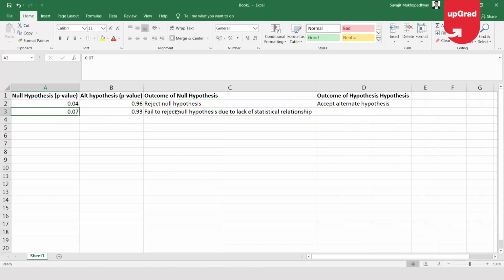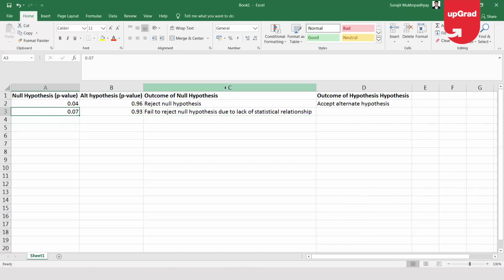So my answer is, in this scenario, we'll say we fail to reject the null hypothesis, which means I do not have enough evidence against my null hypothesis, right? This 7% is not a good enough rationale, right?